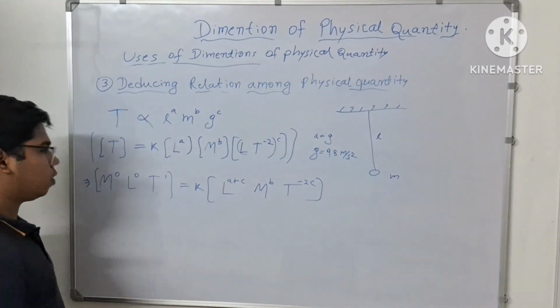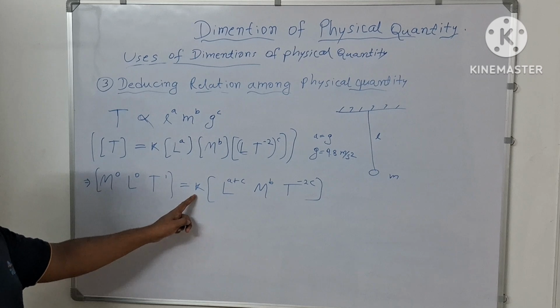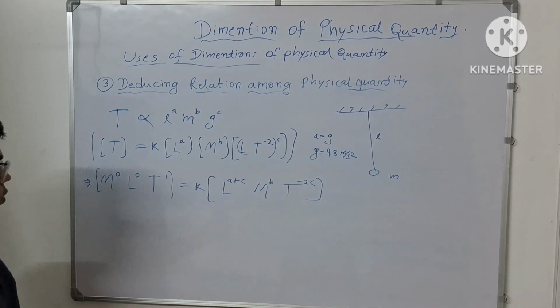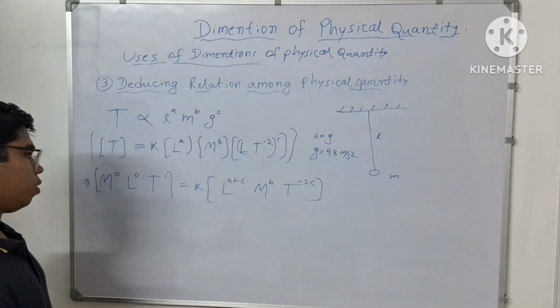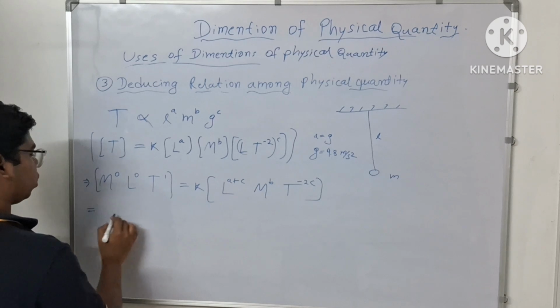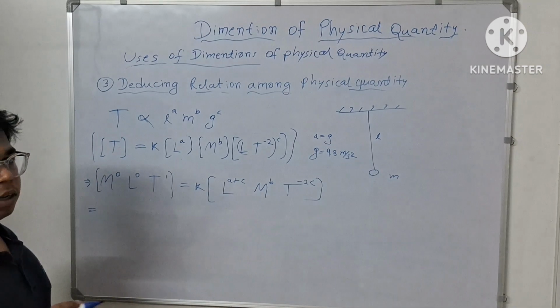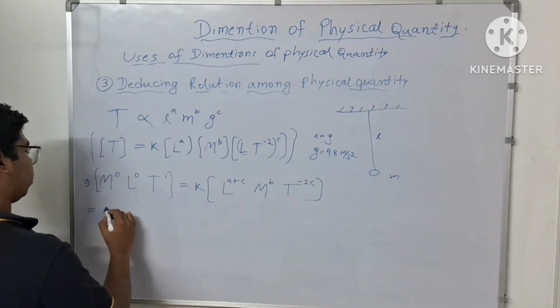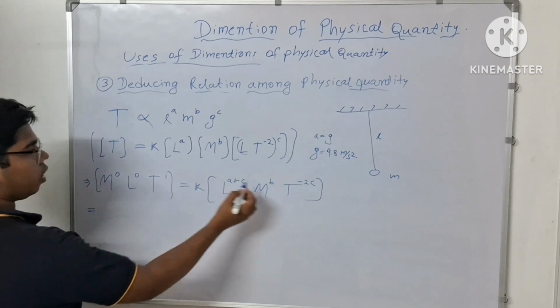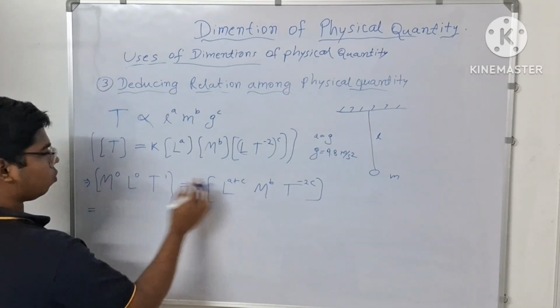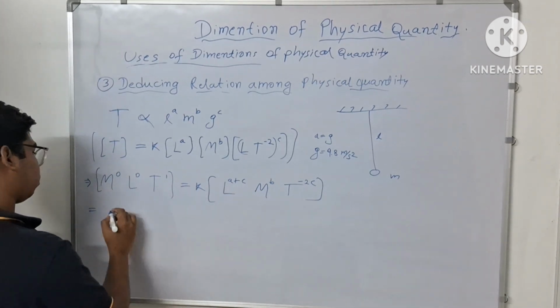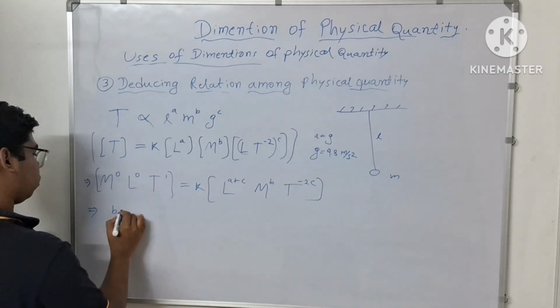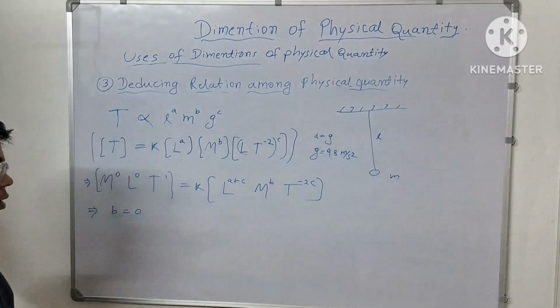As this k is only a constant, its dimension is 0, so there is no dimension for this k. If we equate each dimension separately, mass power 0 here and mass power b, these two sides must be the same, so b equals 0.